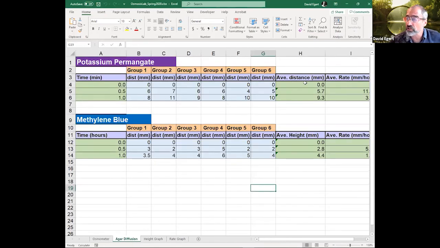This is showing the average distance that the lighter dye, the dye that weighs half as much, went twice as much in the same amount of time as the heavier one.